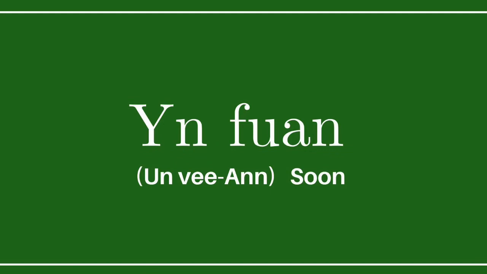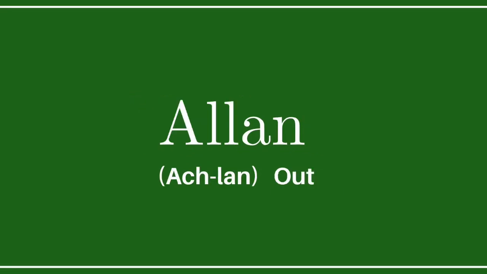Yn fuan. And finally we have allan. It means out. Allan. It's spelled A-L-L-A-N. Again, the double L sound sounds a little bit different in the middle of a word. It's a CH sound with a slight L. Allan. Out.